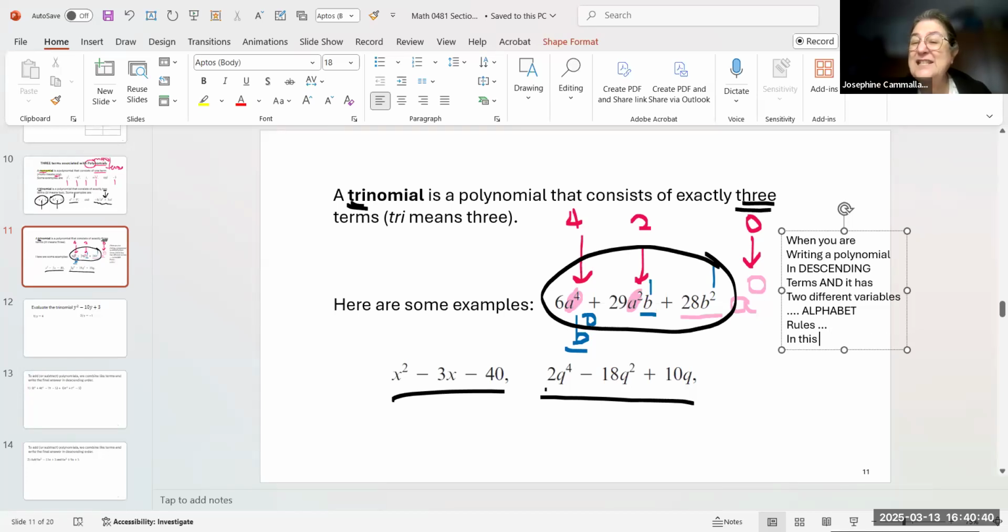In this circled poly, it's polynomial. The powers of a will tell us how to write in descending order. I'm going to make this a capital A.